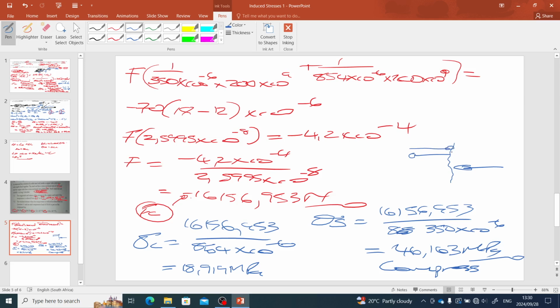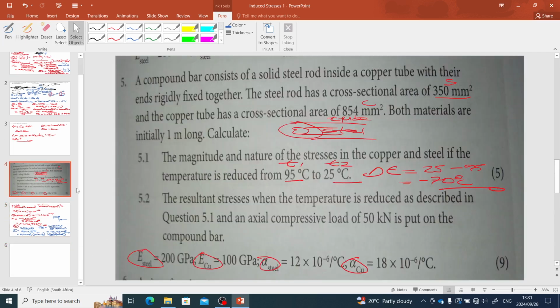When it pulls copper to its level, copper is moving away from the force. It means here the copper is experiencing tensile, but the steel is experiencing compression. It means copper here is plus, then the steel is minus. Please make note.